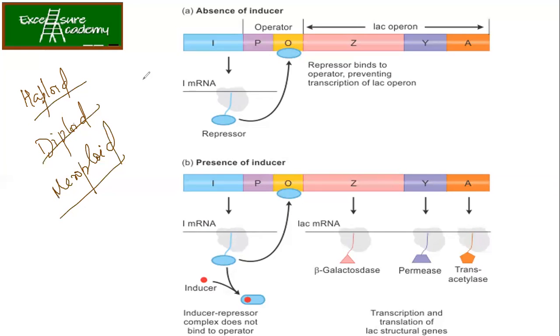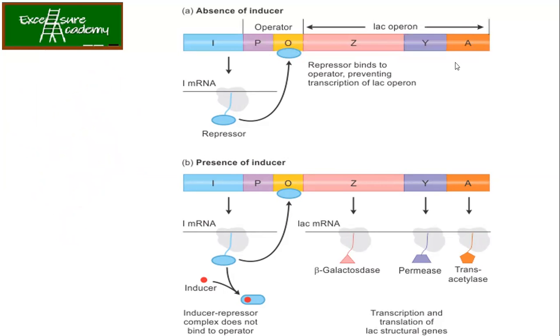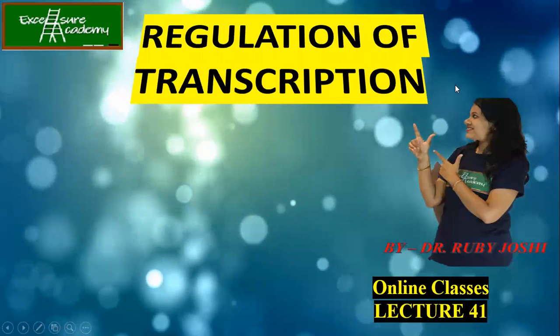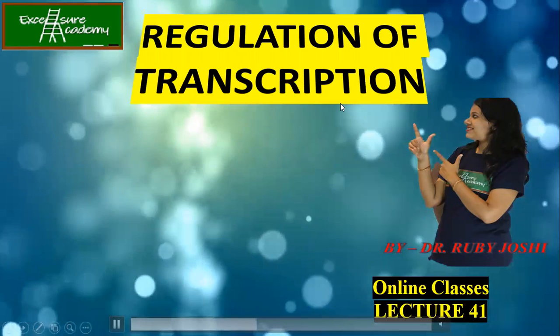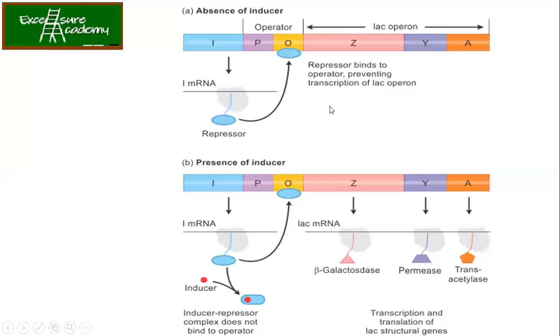When I talk about the lac operon in the case of haploid, diploid and merodiploid, we're going to discuss how the lac operon behaves differently in all these cases. So before that, please study and come. What is the difference among these? I just made this title only.